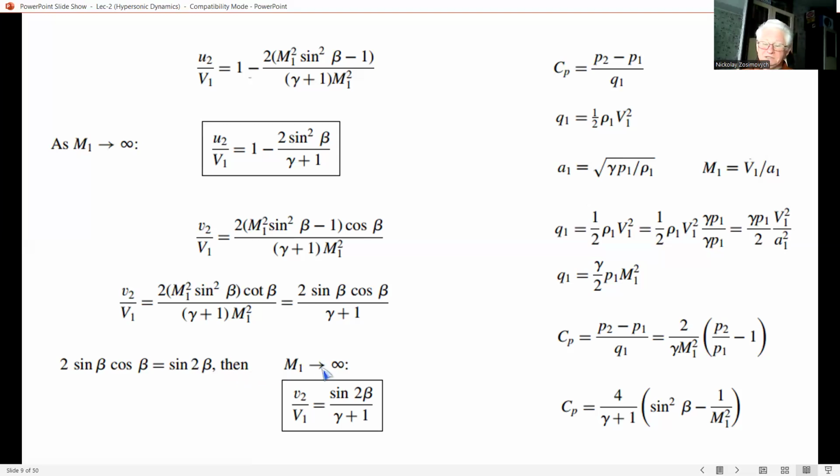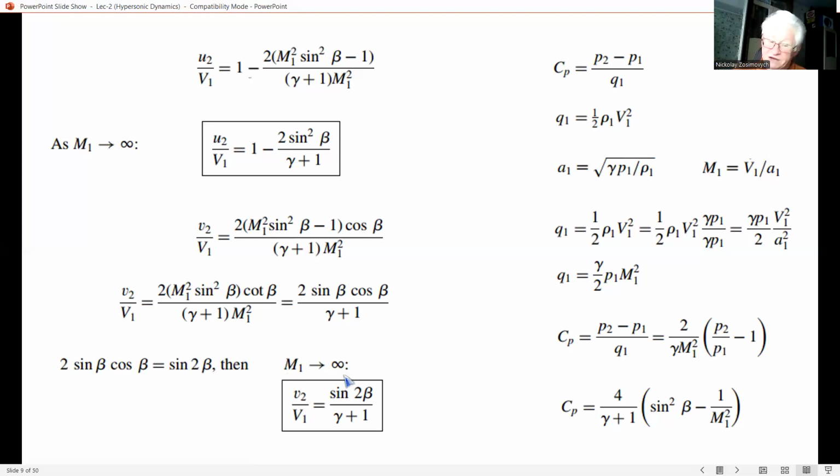In contrast, rho2 over rho1, u2 over V1 and v2 over V1 approach limited finite values as M1 goes to infinity.